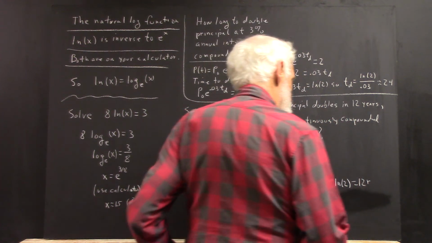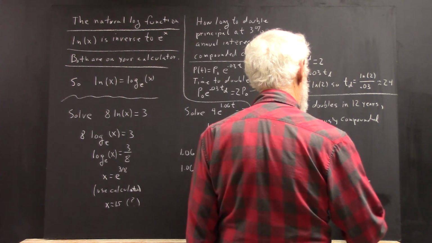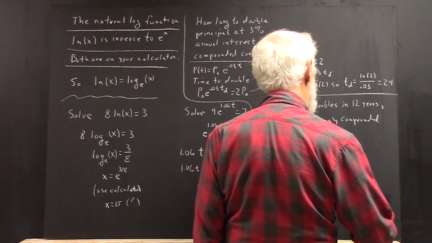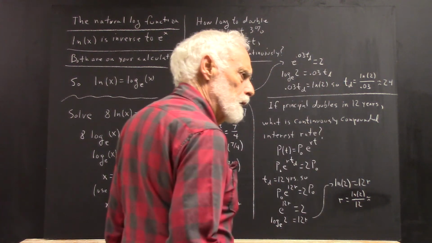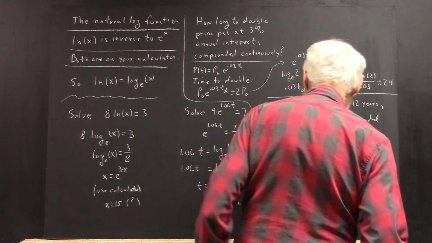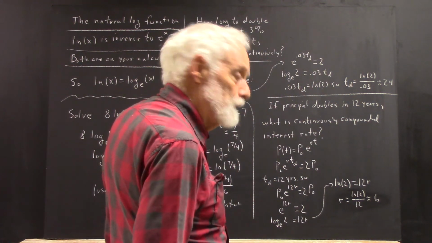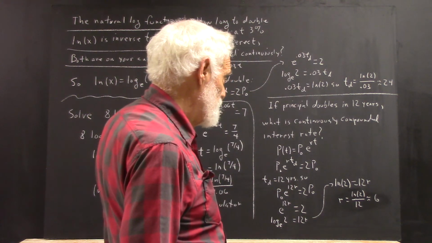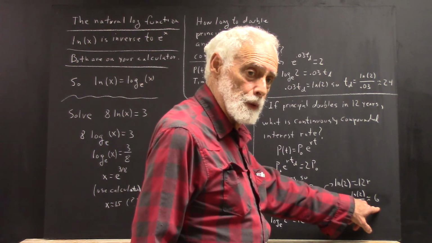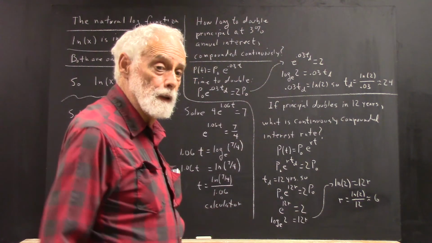Okay, we get r, it's the natural log of 2 over 12, and that's going to be a little less than 6. Let's say 6, it's probably going to actually be about 5.9, 5.8 something, 5.9, okay. So there we have the solution here. So I'm going to give you a couple of problems of this nature.